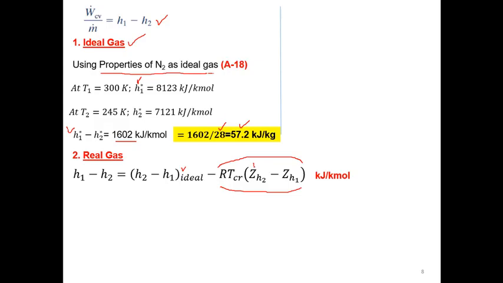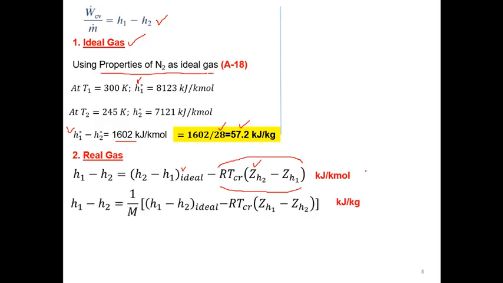We have derived this formula in our previous class. So for this one, basically we need ZH1 and ZH2. ZH is basically the enthalpy departure coefficient. This is the enthalpy departure coefficient for state 2, and this is the enthalpy departure coefficient for state 1. And how can we get this ZH2 and ZH1?